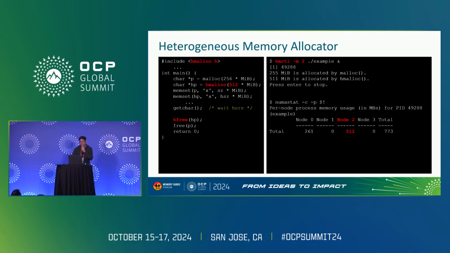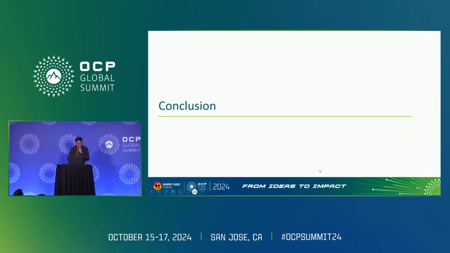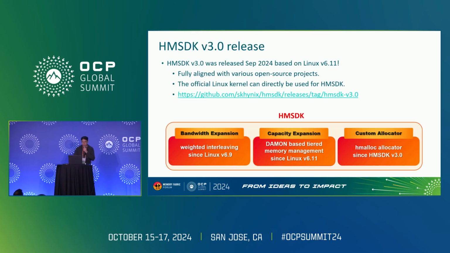With hmctl, we can provide -m and 2, which means allocate the hmalloc area to NUMA node 2. As you can see, the 512 megabytes is allocated into node 2, and you can change it to node 3. We can also use it with numactl by allocating the rest of the memory to node 1. So, conclusion.